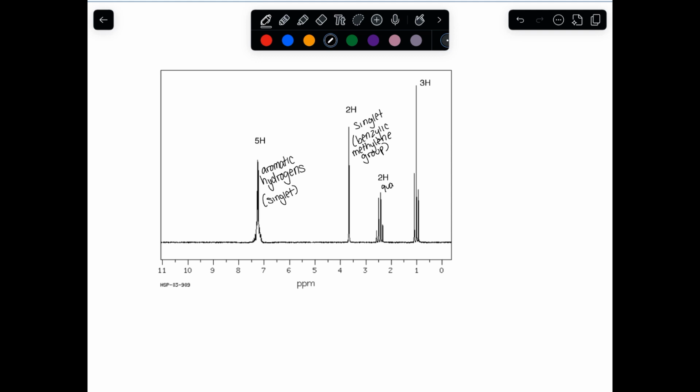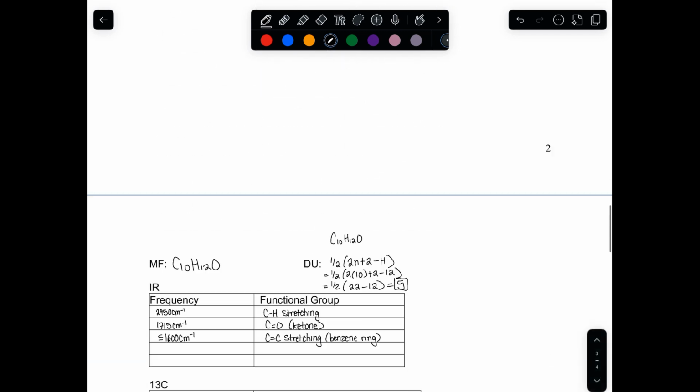This next peak is an integration of 2 hydrogens, and it is a quartet, so I predicted it to be a CH2 group. And then here it's a triplet with an integration of 3 hydrogens, and I predicted that to be a CH3 group since there's 3 hydrogens.